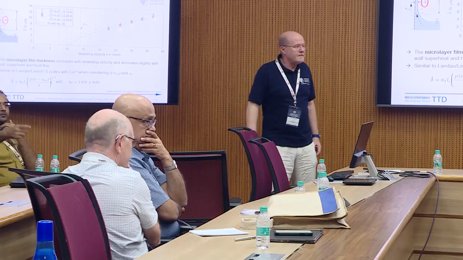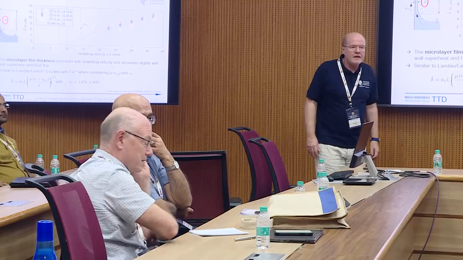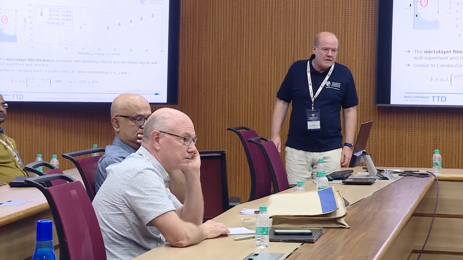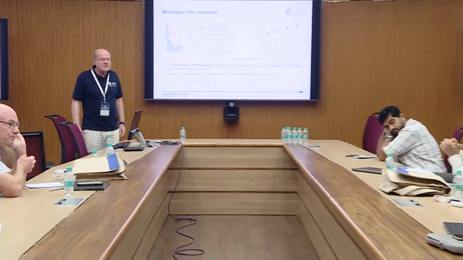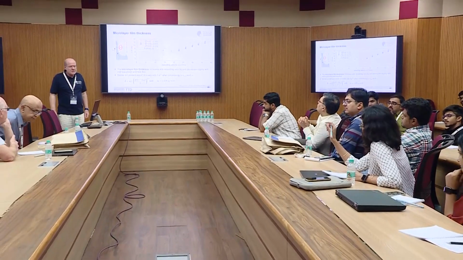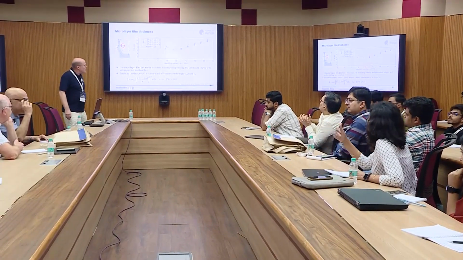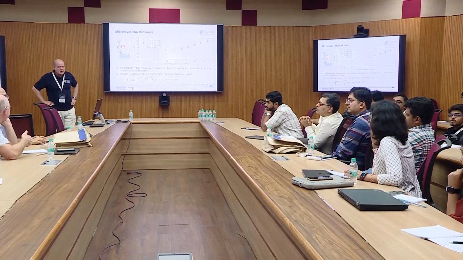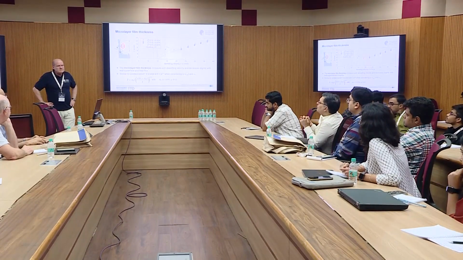Okay. A couple of questions. First is that you see the length of the microlayer changes when your retraction velocity changes, right? Is there an upper limit to the length of the microlayer region? Or does it change, like, go as fast as possible?